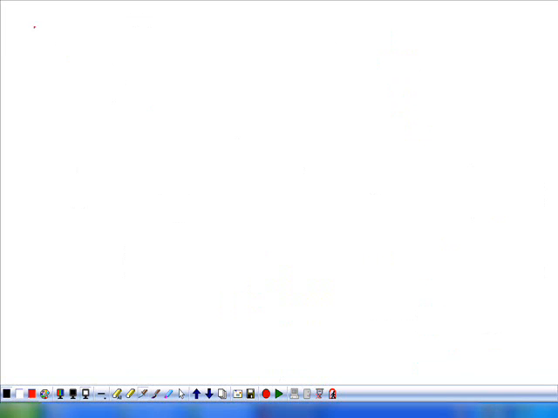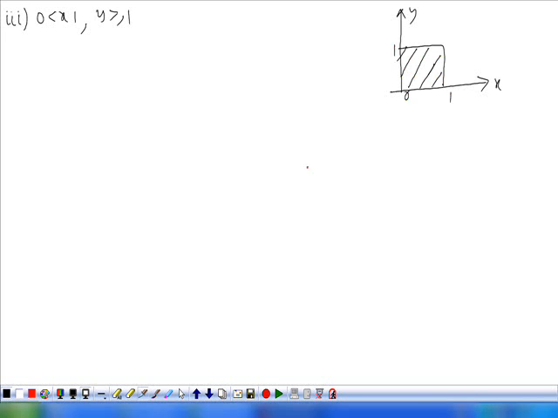What is the next possibility? So x may lie in between 0 and 1, y is greater than or equivalent to 1. So in this case, if you plot it, x, this is y, this is the density function lying in between 0 and 1.